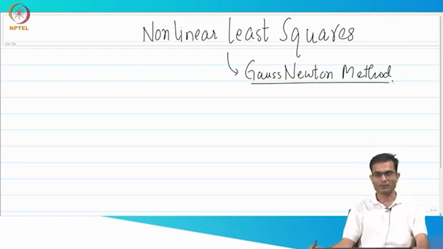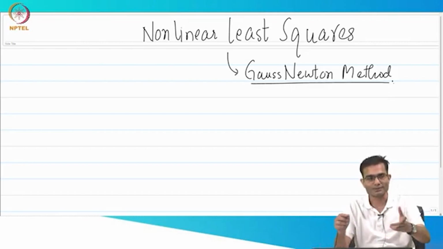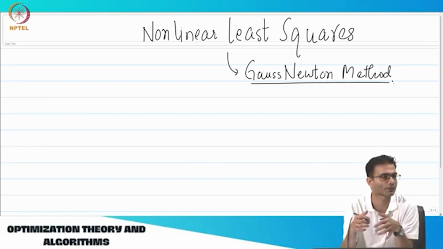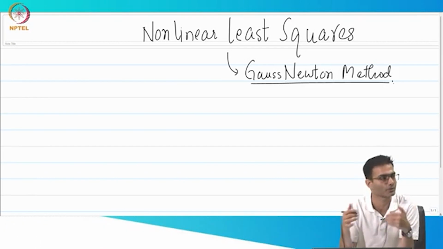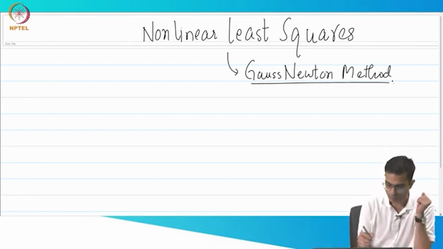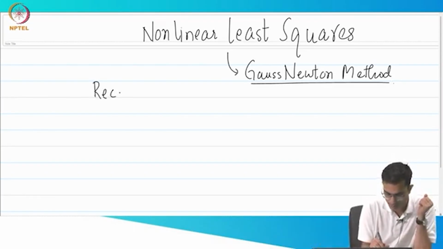The Newton method, we'll summarize it now, plus some small set of modifications to deal with the fact that the objective function is written in least squares form. That's what the Gauss-Newton method is. Okay, so let's quickly recap.